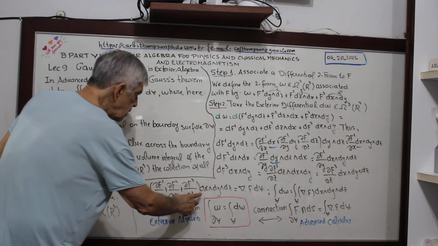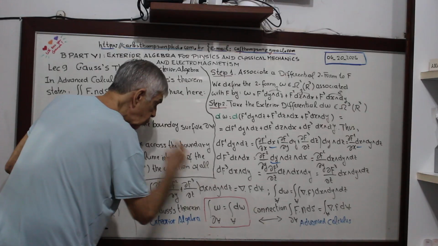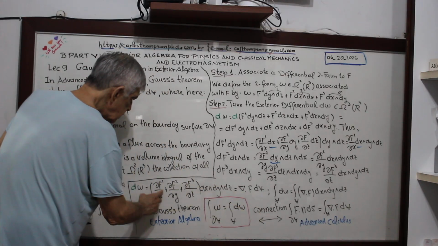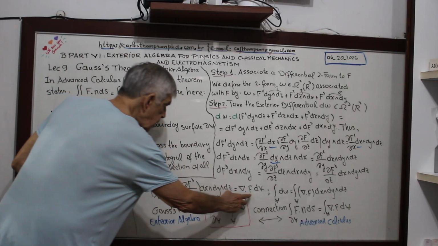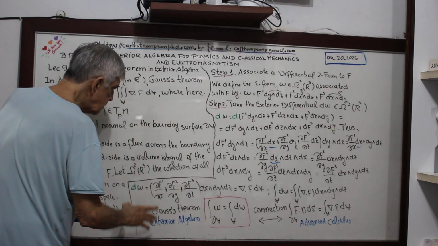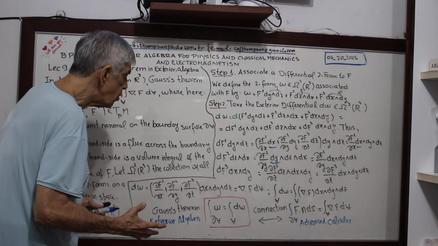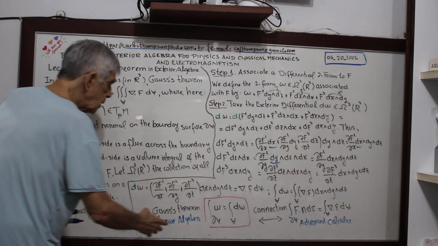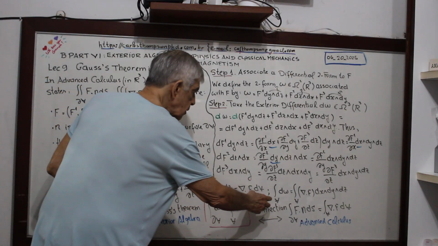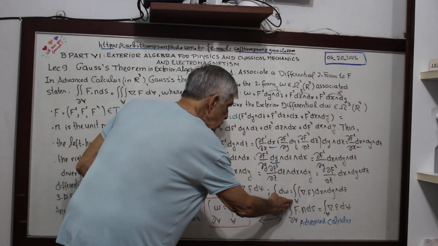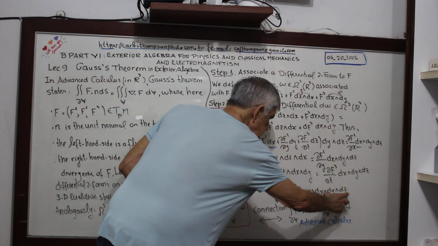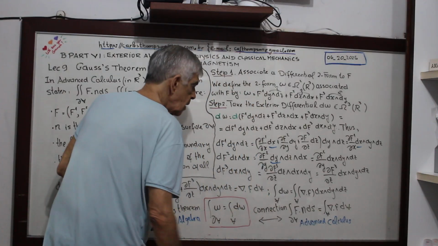In parentheses, we have the divergence of F, multiplied by dx dy dz, which is dV. If I integrate this over the volume, because this is dV, I get the divergence integral.